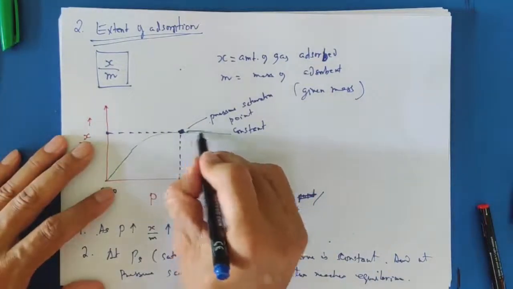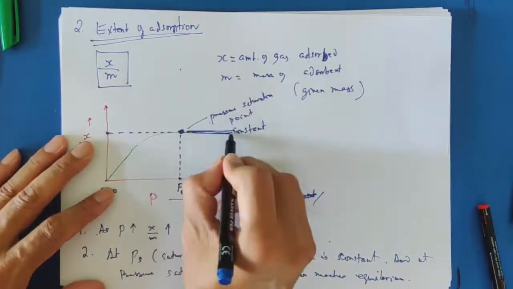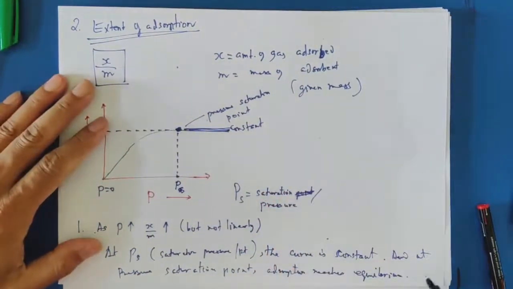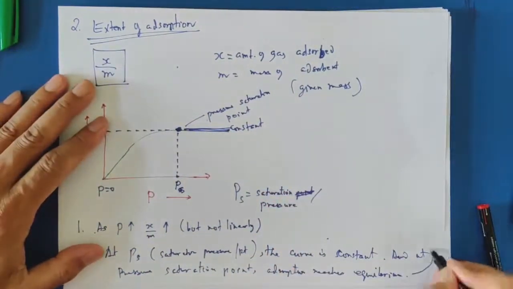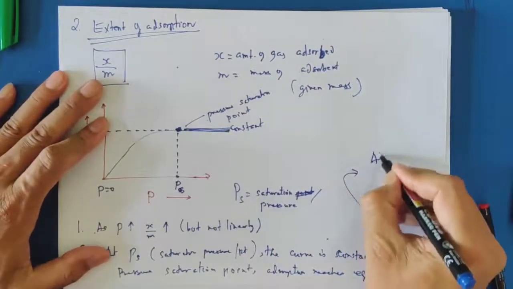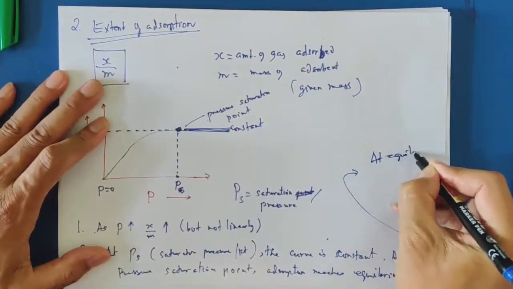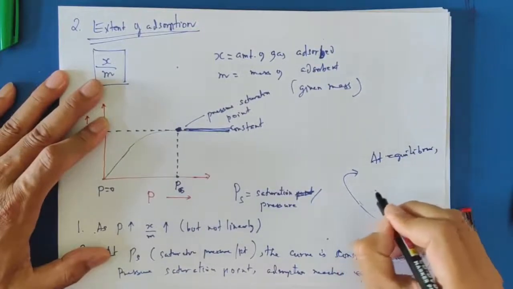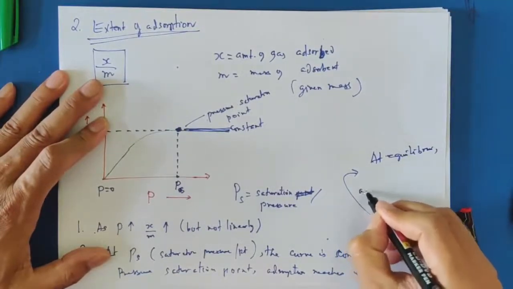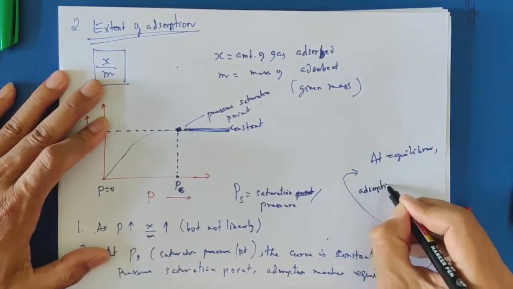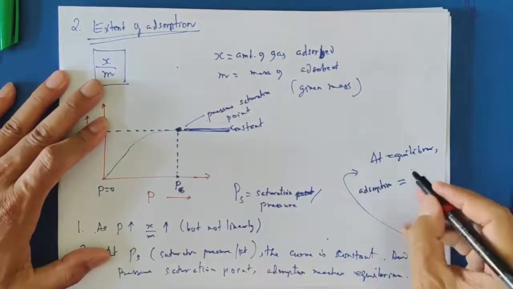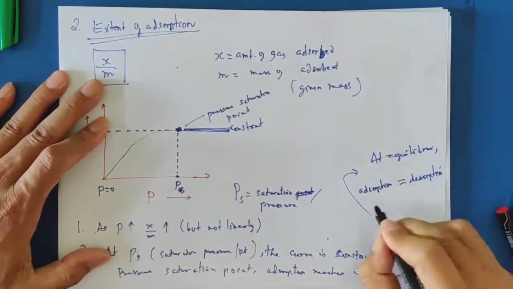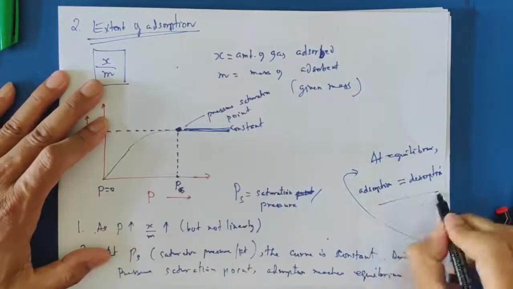Then it becomes a straight line, right? So at equilibrium, what happened? These two processes have become equal. At equilibrium, adsorption is equal to desorption.